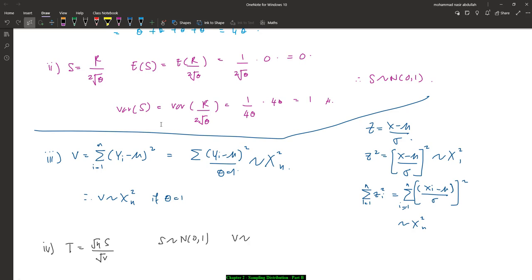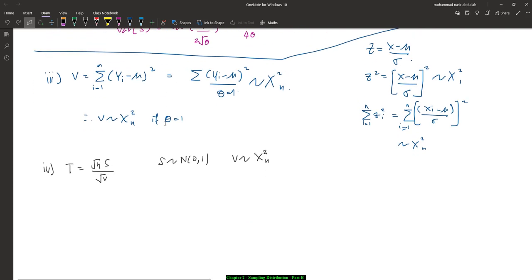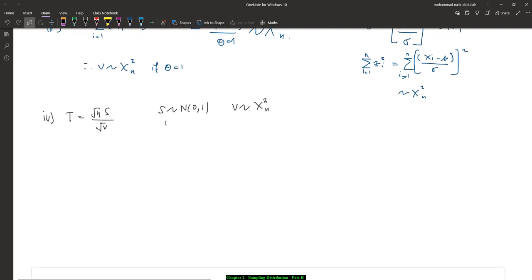And V is having a chi-square distribution with n degrees of freedom. Right? Boleh? So this one kita boleh letak macam ni lah, as a square root of n, N(0,1), right? This is a standard normal distribution, and V is a chi-squared with n degrees of freedom.